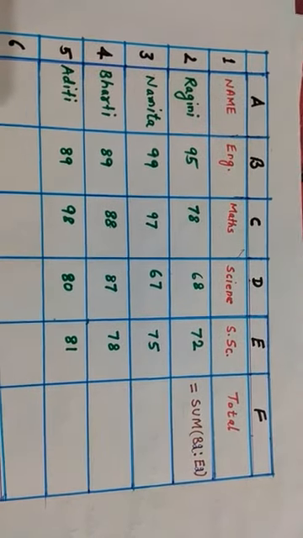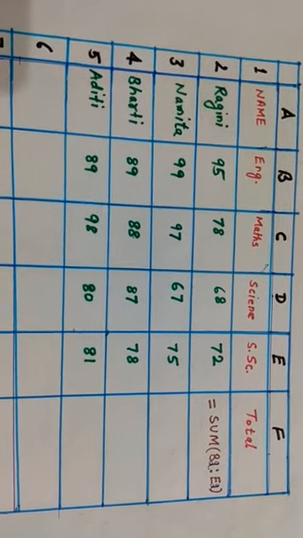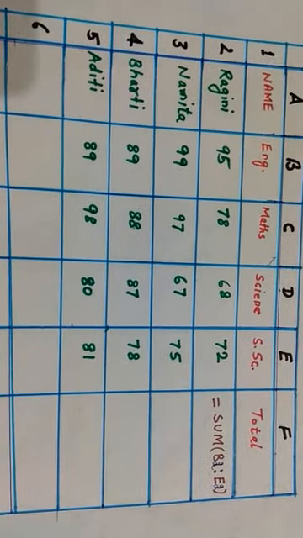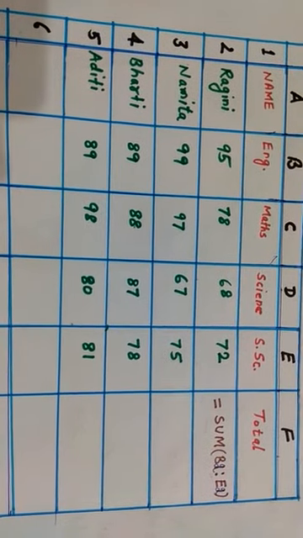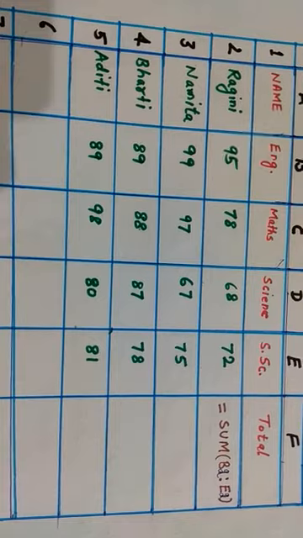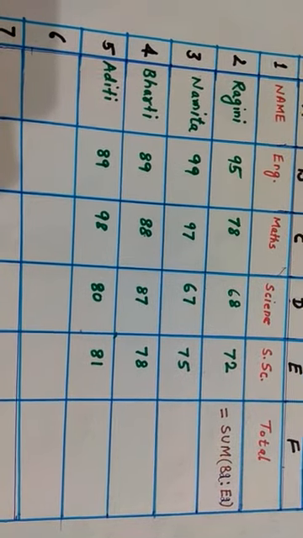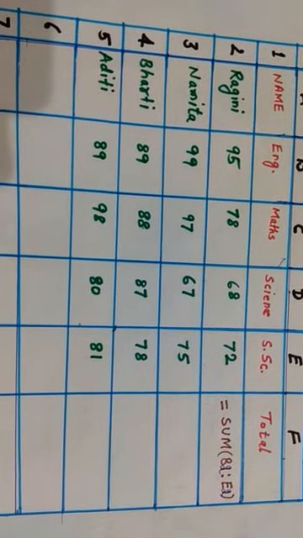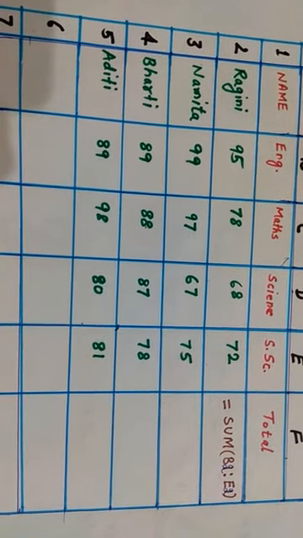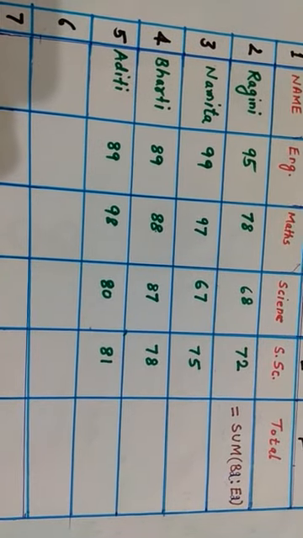So if you want to copy this formula to many cells, then the behavior of this formula depends on the style of writing that formula, and especially the style of writing cell addresses in that formula. Basically there are three styles or three types of cell referencing.